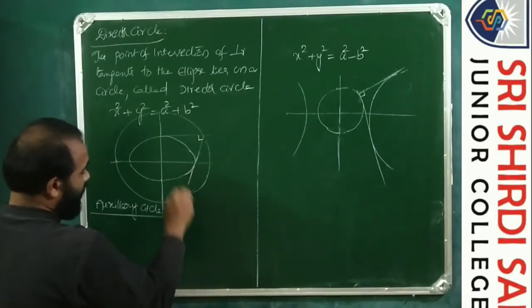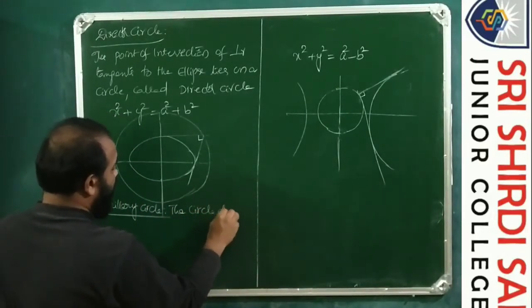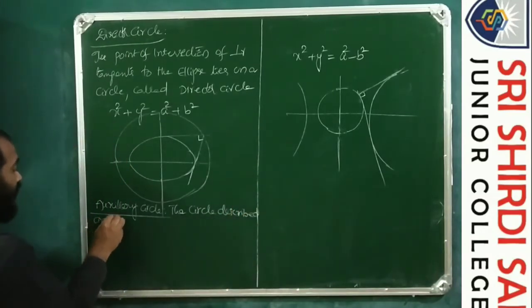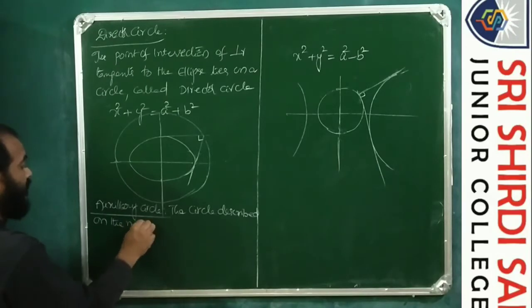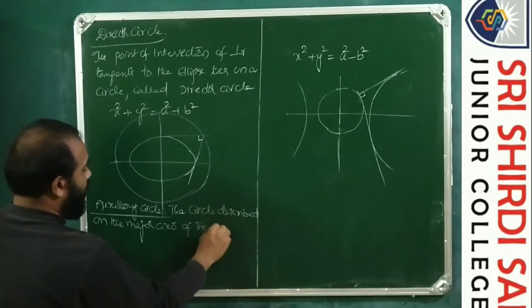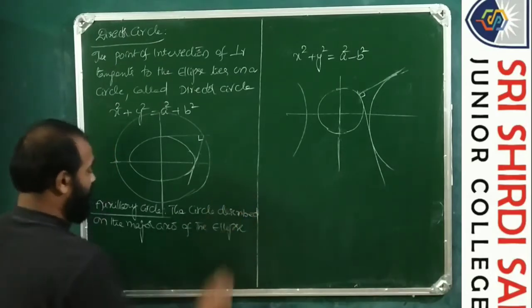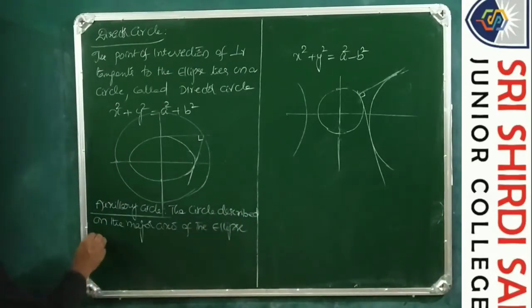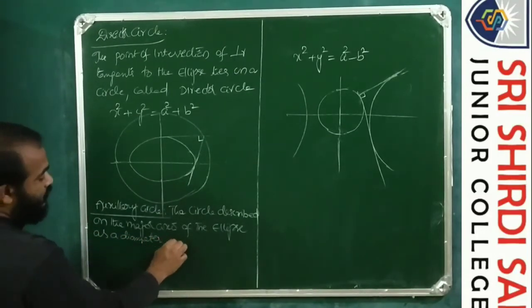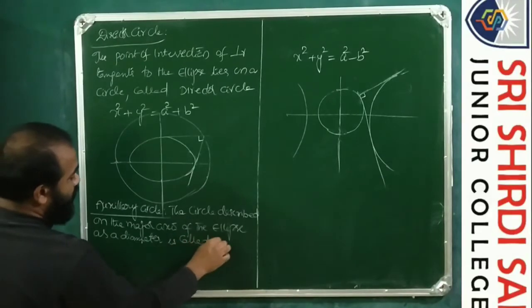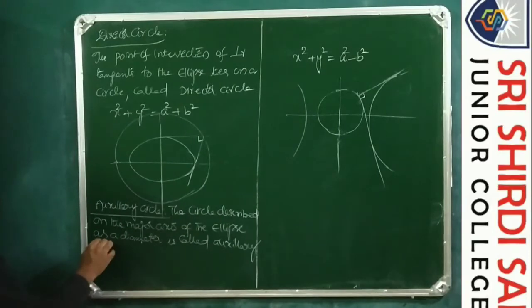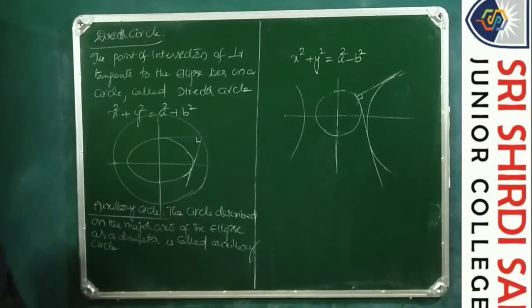The circle described on the major axis of the ellipse as a diameter is called the auxiliary circle.